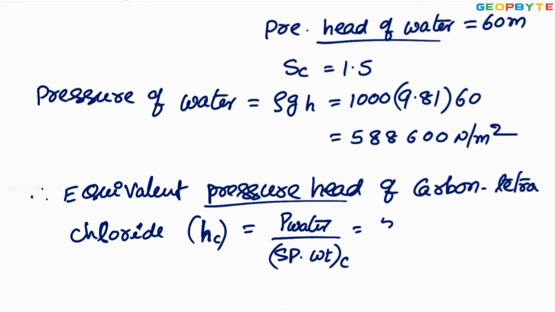Pressure of water is 588,600 divided by the specific weight of carbon tetrachloride, which is the specific gravity of the carbon tetrachloride multiplied by the specific weight of the water.